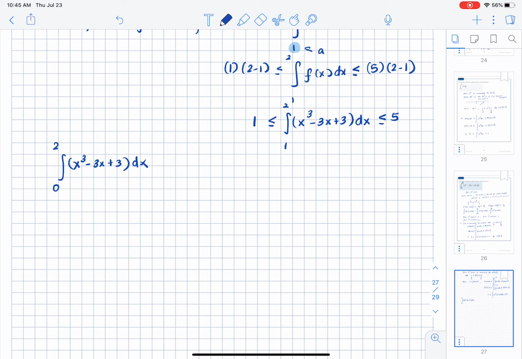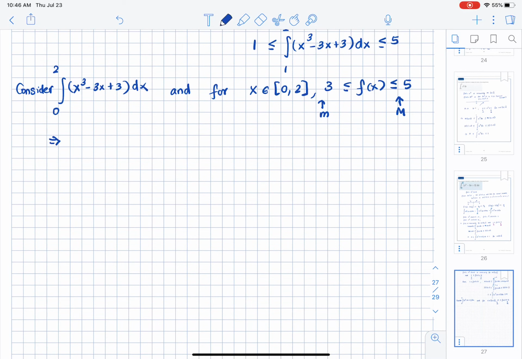And for x in 0 to 2, the function f of x would lie between, when you plug in 0, we end up getting 3. When we plug in 2, we have 2 cubed minus 6 plus 3, which is 5. So that is lowercase m, uppercase M.